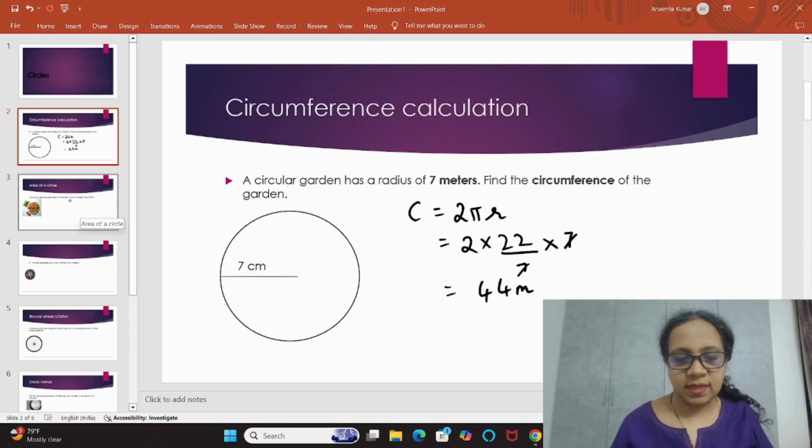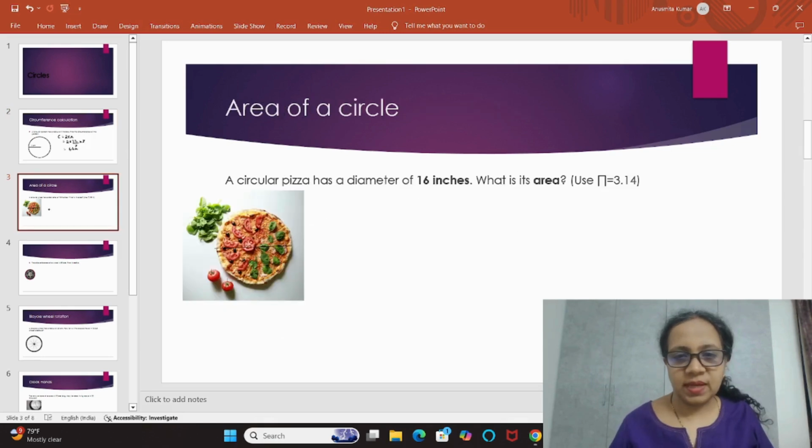Let's go to the next sum. A circular pizza has a diameter of 16 inches. What is its area? Here we can take the value of pi as 3.14. So the area of the circular pizza is given by pi r square, as that is the formula for area of a circle.